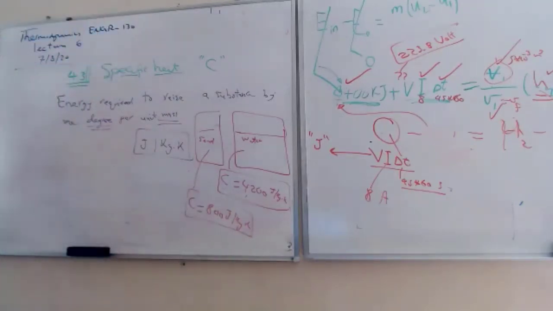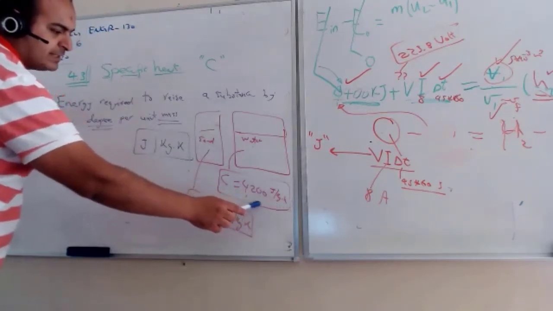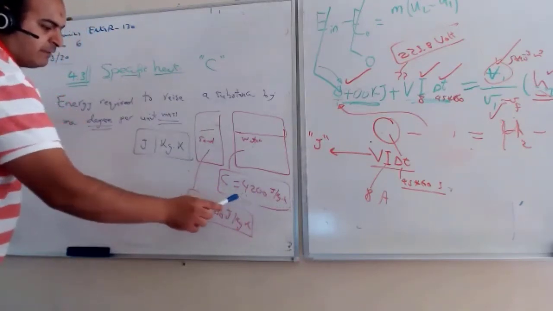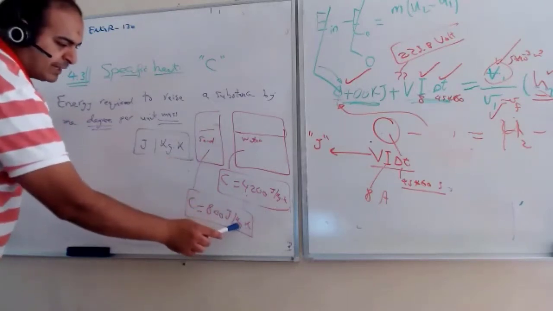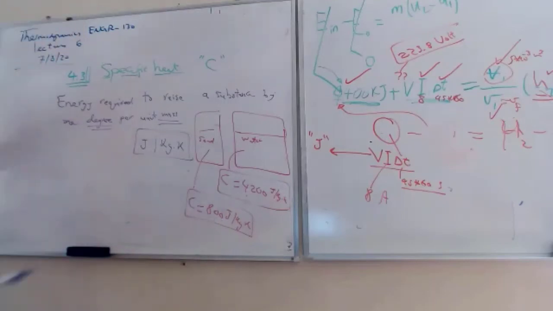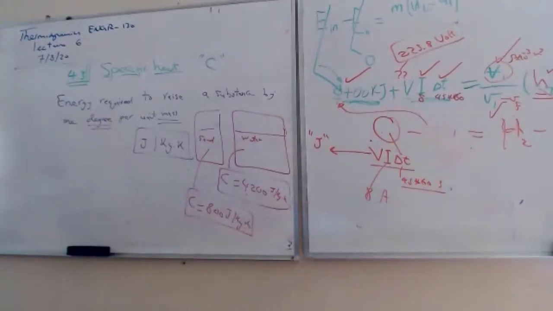So they make these properties for liquid, solid, gas, anything, even vapor. What does this mean? It means if I want to increase 1 kilogram of water by 1 degree, I need this heat. If I want to increase 1 kilogram of sand by 1 degree, I need this heat. And this is a property, a characteristic of sand, a characteristic of water.